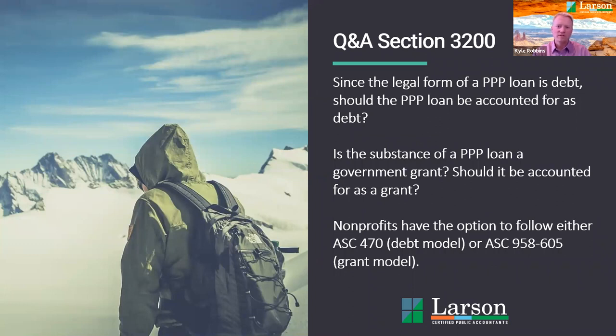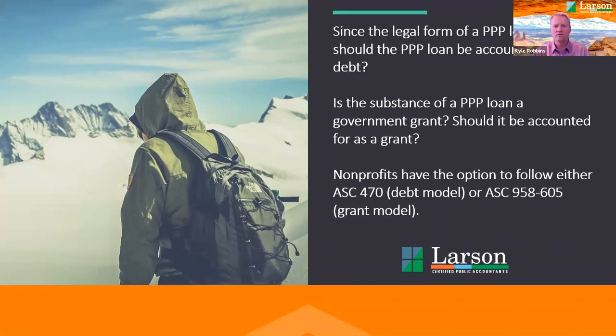And then there's also the question of, if it's forgiven, is it a government contribution? Should it be accounted for as a grant? So in this guidance that came out, it essentially said nonprofits have the option to follow either of these options. There's ASC 470, which is the debt model, or they can follow ASC 958-605, which is the grant model. So we're going to get into those 2 different models.